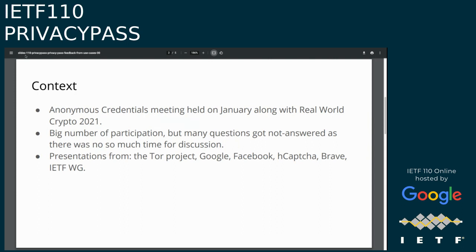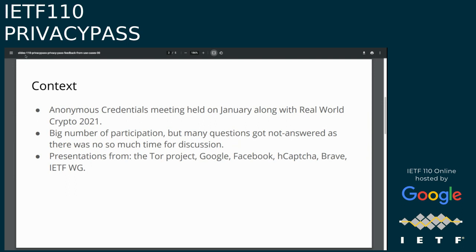We wanted to hear what specific drawbacks or feedback those use cases have for the PrivacyPass documents, the 3 drafts that exist there, what was missing and could potentially be looked into or added to.